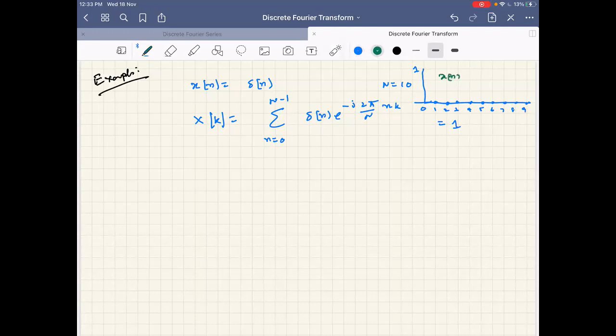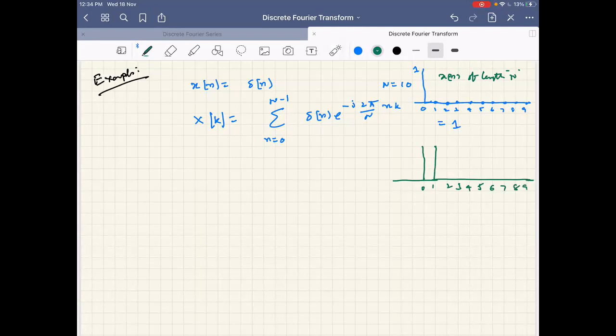So this is x of n, a sequence of length n, not periodic with n. And hence, how will x of k be? If we sketch x of k, it is 1 for all k, 0, 1, 2, 3, 4, 5, 6, 7, 8, 9.